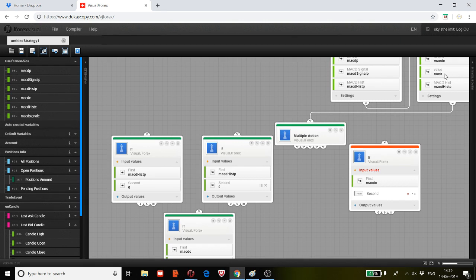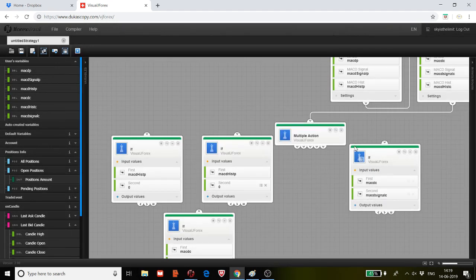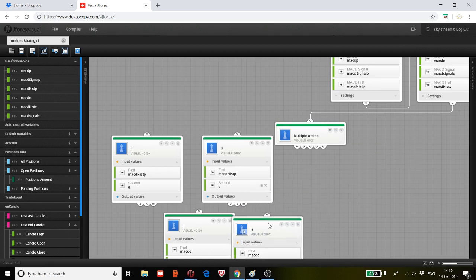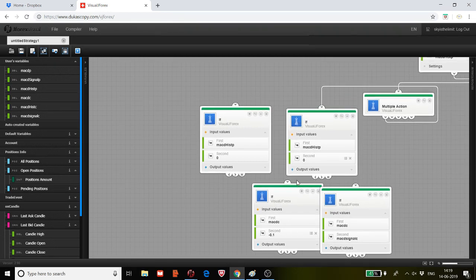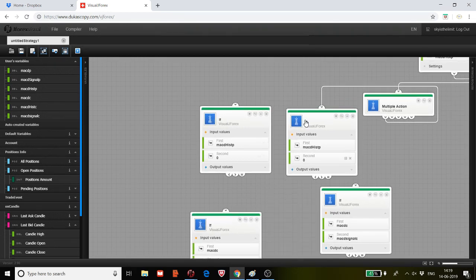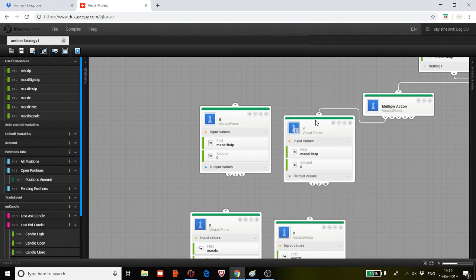I will tell you while joining the blocks. First I am just filling the indicators. Now see, first the strategy will check the histogram's value. First it should be below 0 for the previous candle. Sorry, I kept it MACD previous as well.